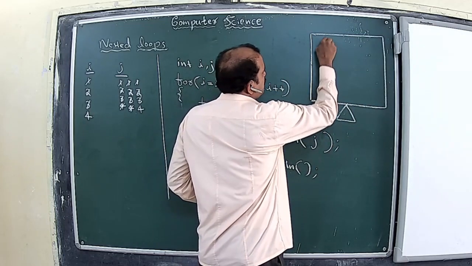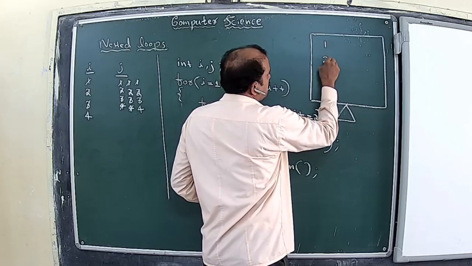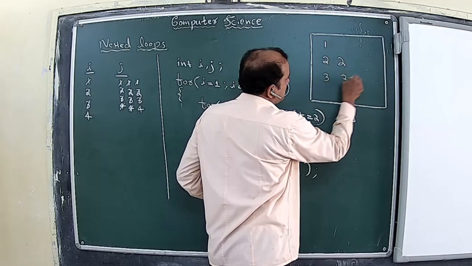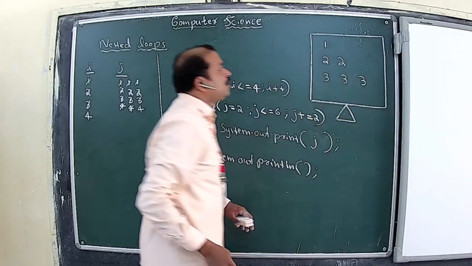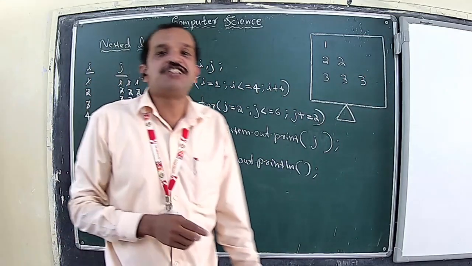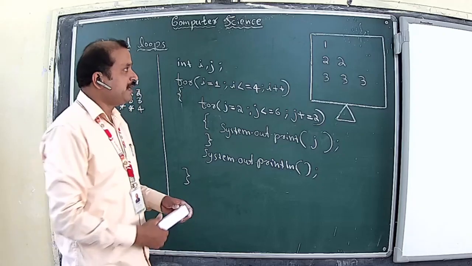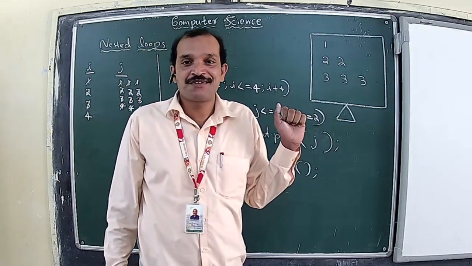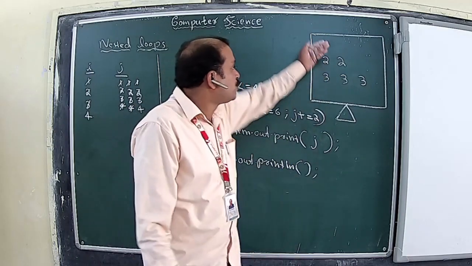And here the output is going to be 1, 2, 2, 3, 3, 3. Here the pattern of the output is a little different. So the number of rows is 3, but the number of columns is not the same. The column numbers are flexible, so it changes.